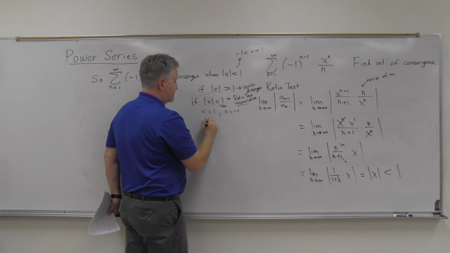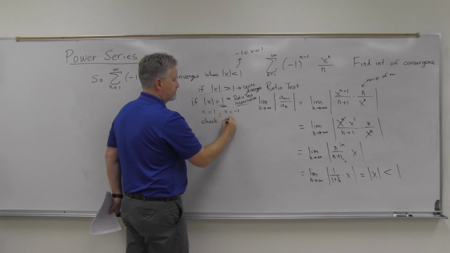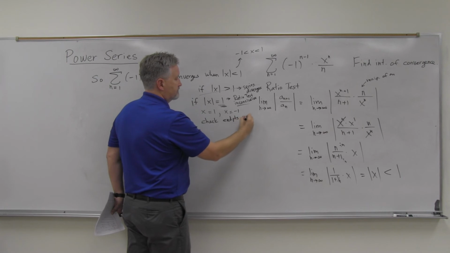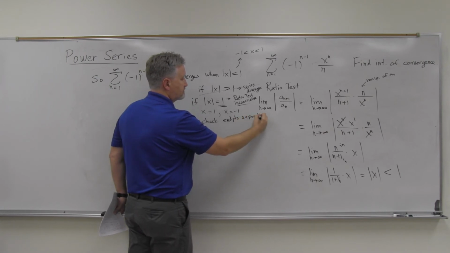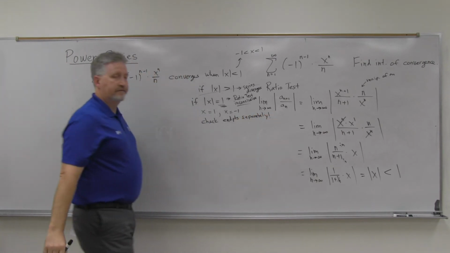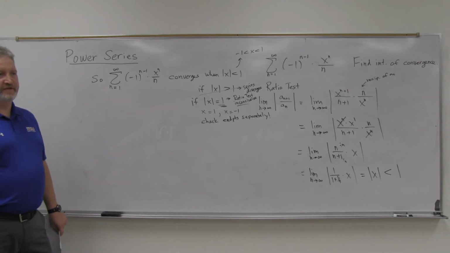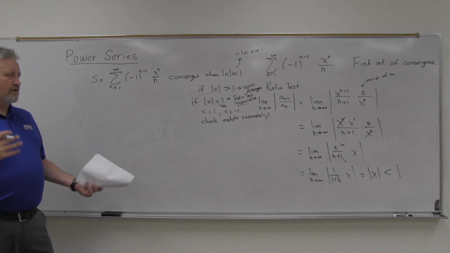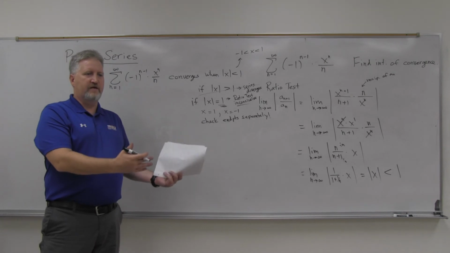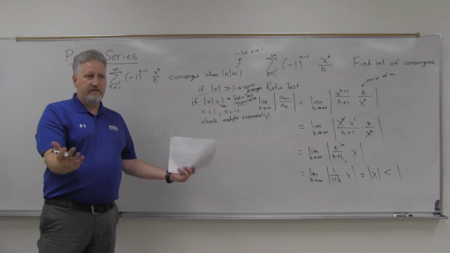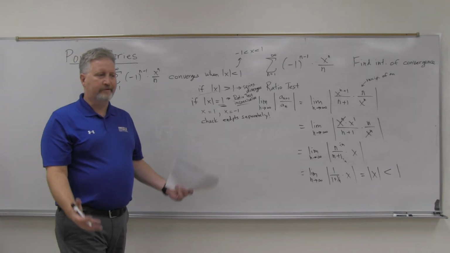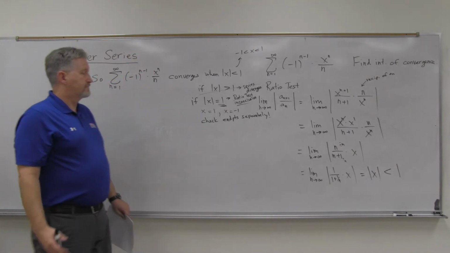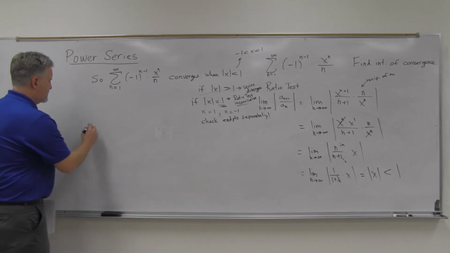We've got to check these endpoints separately to find out, because what might happen is you include one of them and not the other. You include both of them, maybe, or either one of them. That's just how it works. Okay, so let's check those endpoints.